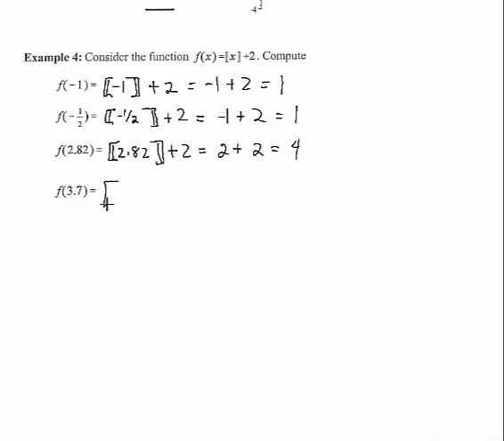And then finally, the greatest integer less than 3.7 would be a 3. And then we just add a 2 to it, and we get 5. And that concludes section 1.3.